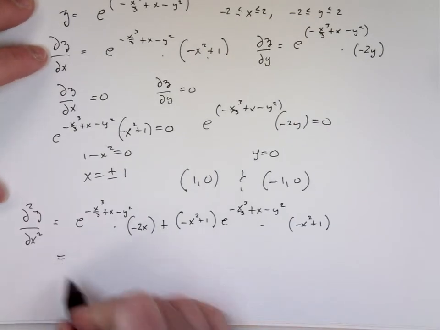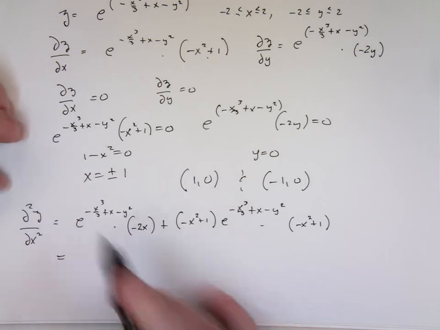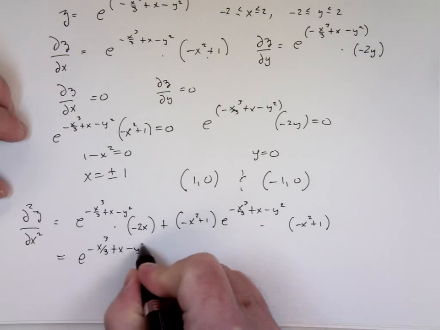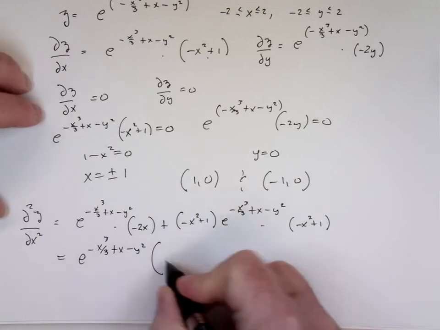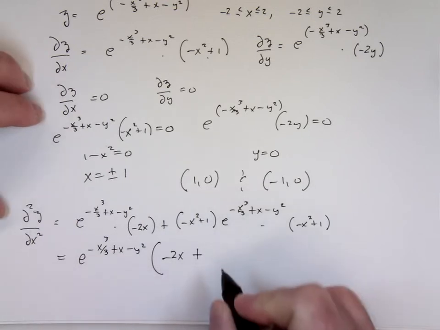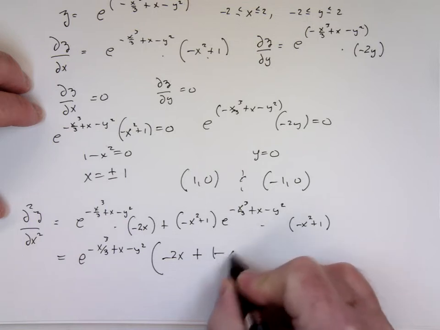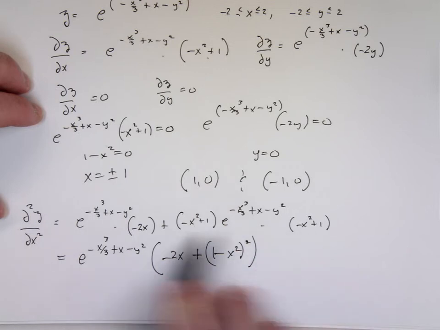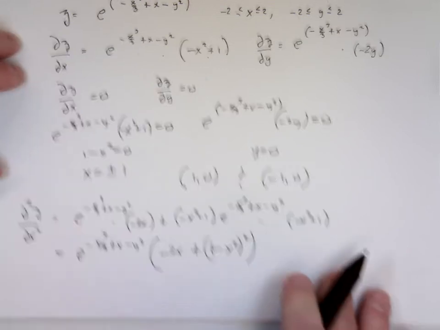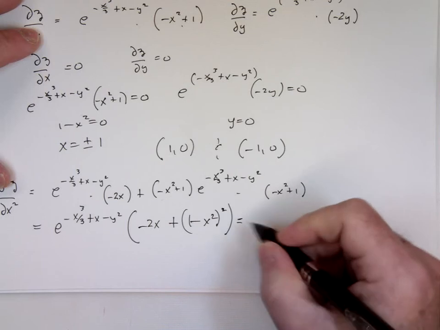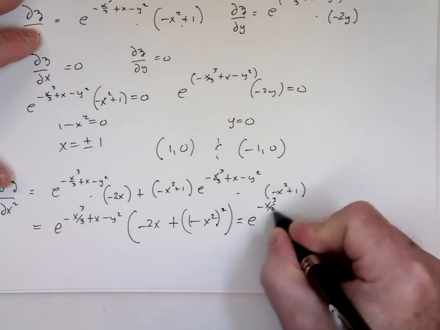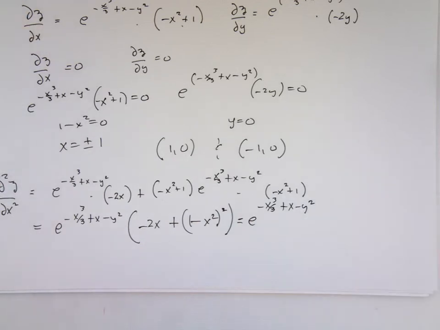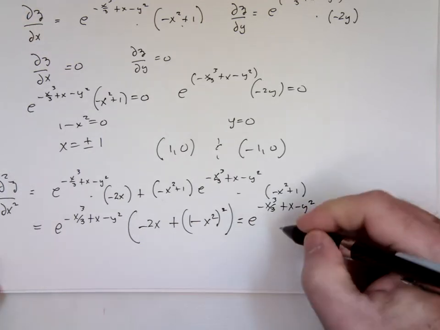We end up with, I'm going to factor out an e to negative x cubed over 3 plus x minus y squared. And we end up with negative 2x plus, I'm going to write it as (1 minus x squared) squared. Okay, that's this. And that's equal to e to the negative x cubed over 3 plus x minus y squared. And I'm going to multiply it out, okay?